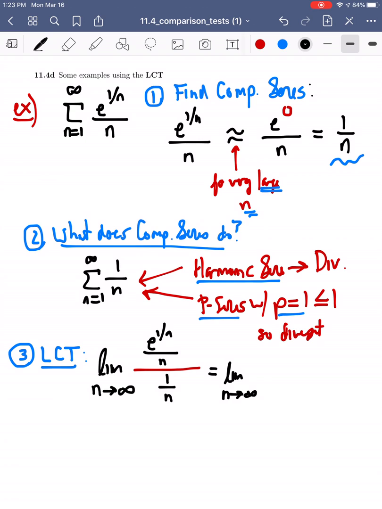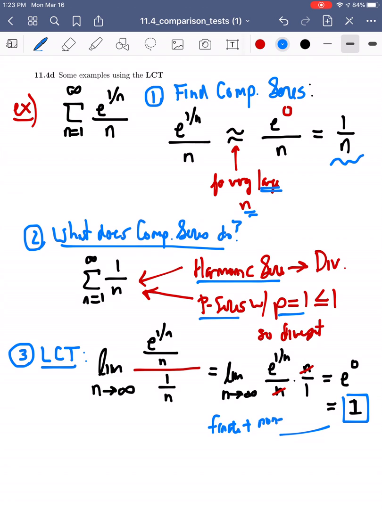This is the limit of e to the 1 over n, over n, times n over 1. So we can easily see that those n's cancel out. And now we just have the limit as n goes to infinity of e to the 1 over n. And that looks like e to the 0, which in this case is equal to 1. And again, the limit that we just found is finite and non-zero.